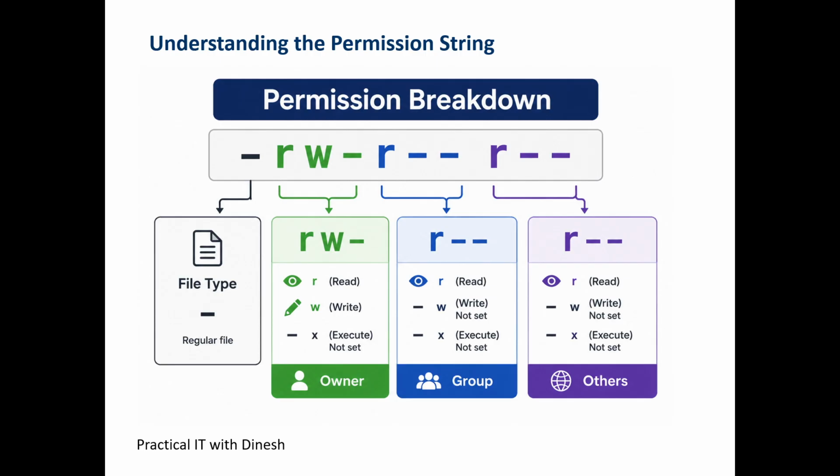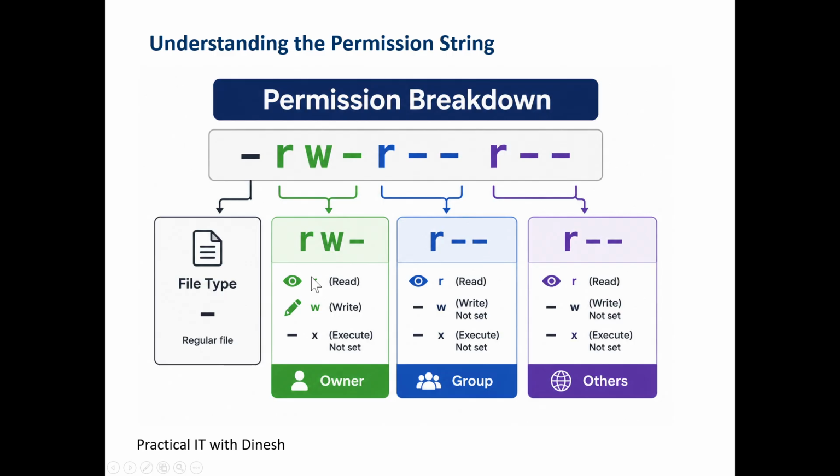This permission string is divided into four sections. The first character tells us the file type. For example, in this screen, you can see a regular file.